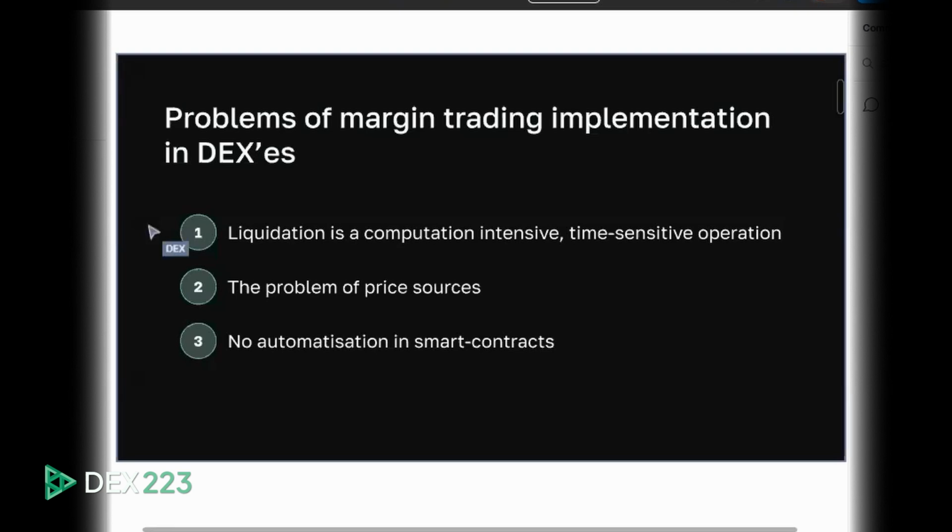The second problem is the problem of price sources. So these exchanges like Bybit and BitMEX, they can use their own markets as a price source, and they can rely on some external resources that provide them with prices for the assets that they are allowing their users to trade on their platforms.